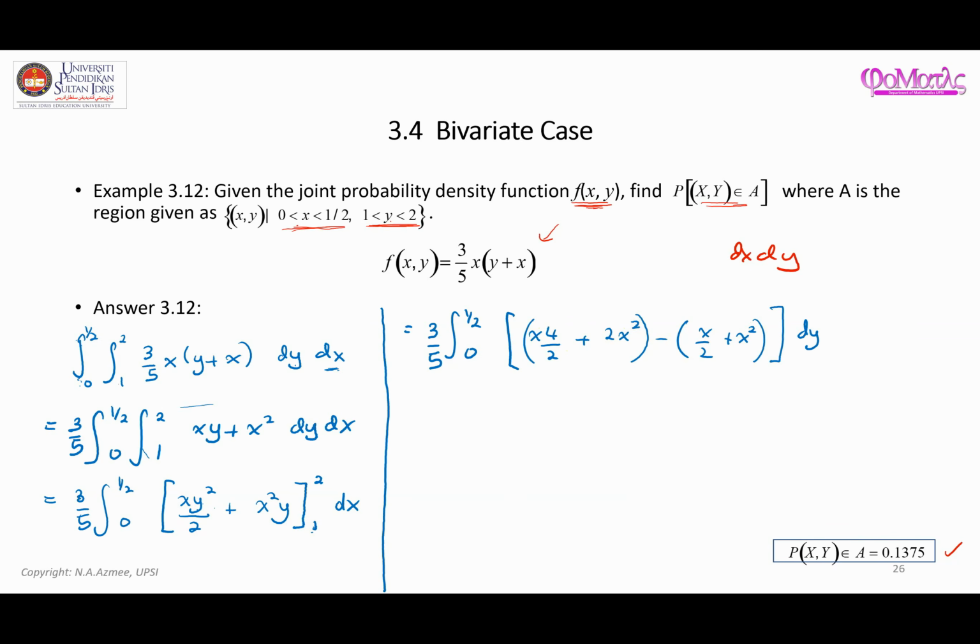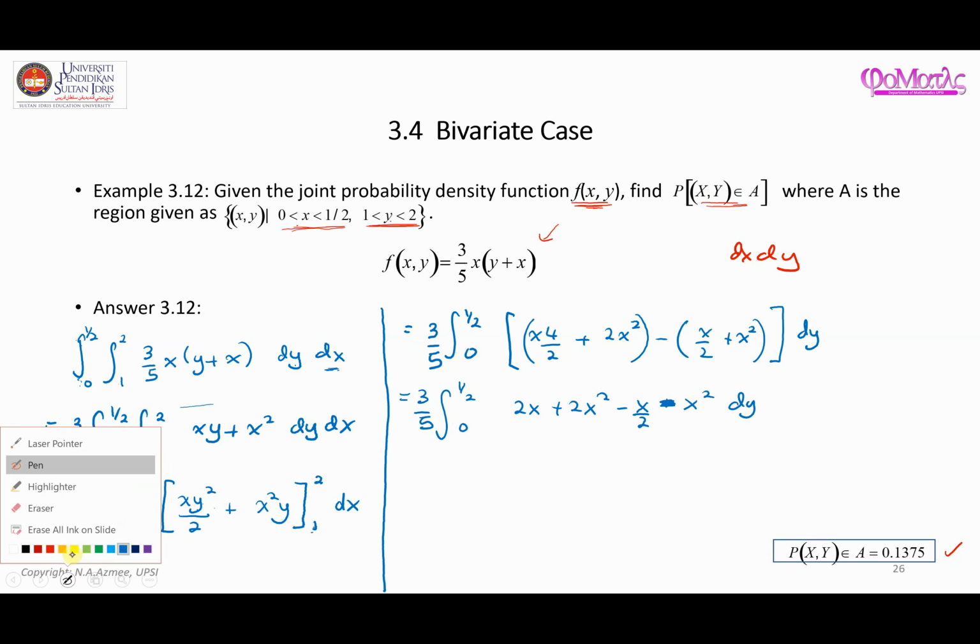Now we're just going to simplify the results that we've got here. The results here can be simplified into 3 over 5, half and 0. So here we have 2x. This one is 2x squared. This is negative x over 2 minus x squared dy.